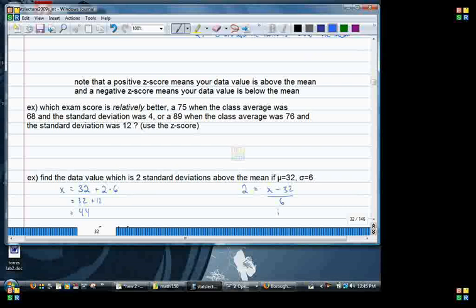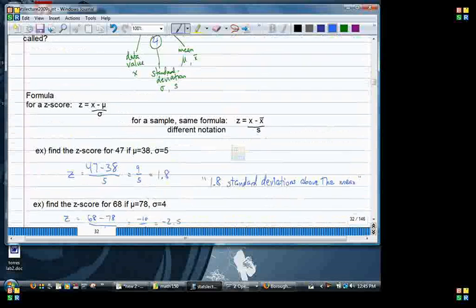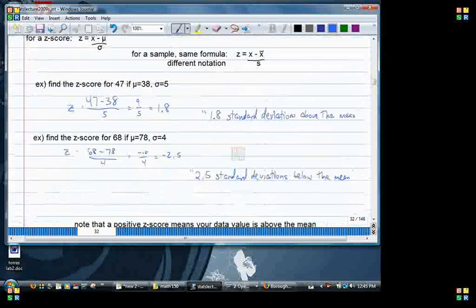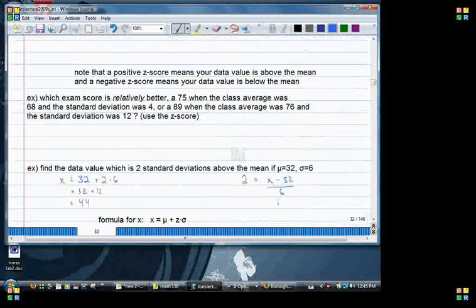What tells you how many standard deviations? That's your z-score. That is the very meaning of what a z-score is. So, there's your formula. Mean plus z times sigma. And that gives you your data value.